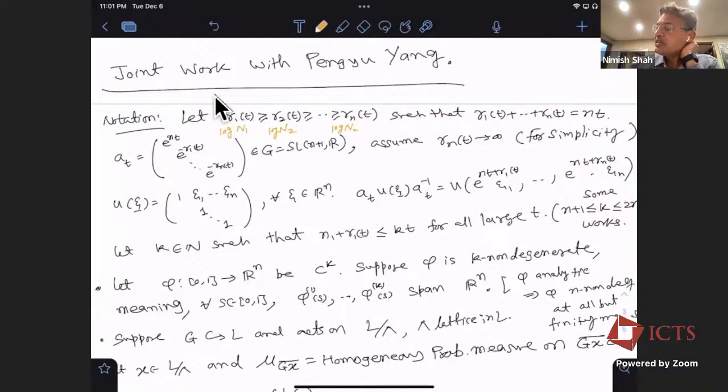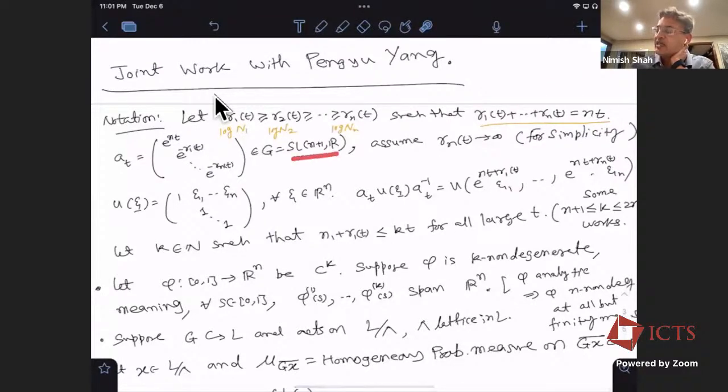You choose them such that their sum is equal to nt, and t is a very large number. So I write a_t equal to e to the nt, negative r1(t), up to negative rn(t). This is not a one-parameter group. For every positive t, you just put a number like this. You don't really need all positive t. You can fix a sequence and stop there. That's also okay.